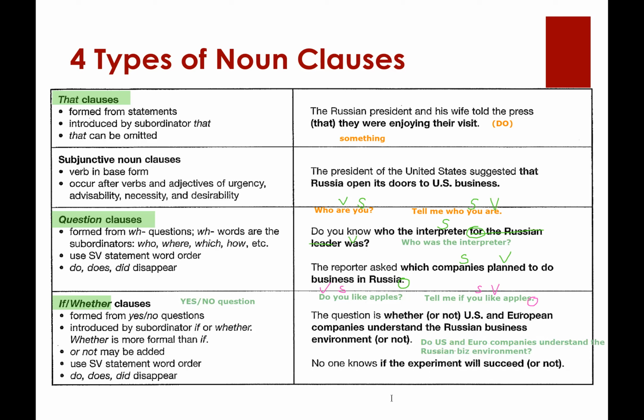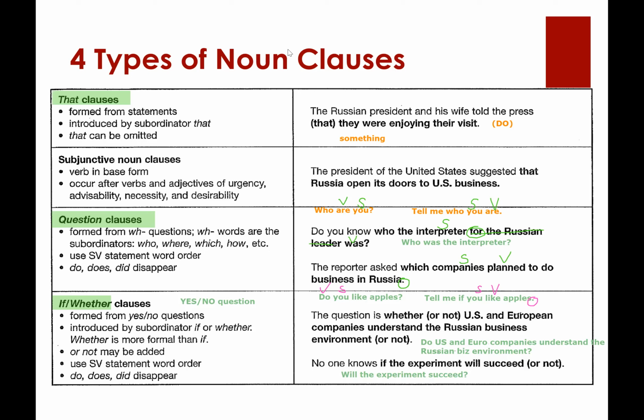And the second example, no one knows if the experiment will succeed or not. Again, or not is optional. So originally the yes or no question was, will the experiment succeed? Okay, so these are the three main types.